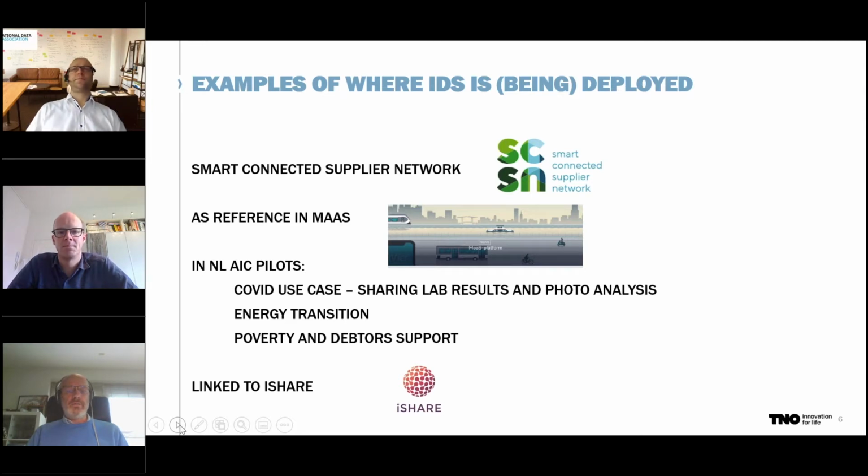And there we deploy IDS as the basic reference architecture and the software as well. So we deploy the connector in those instances. And then finally, also iShare, that's one that's very often mentioned as one of the logistical cases. There's a connection there between iShare and IDS. So IDS is not just research, it's very much real and active.